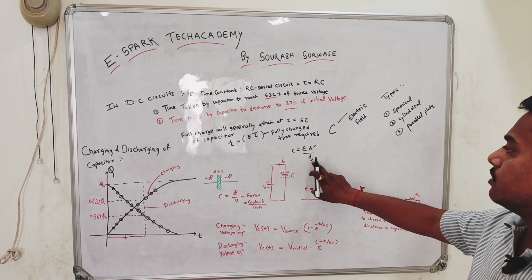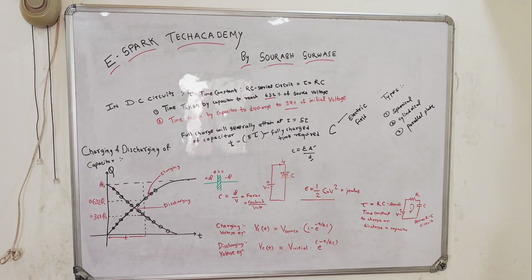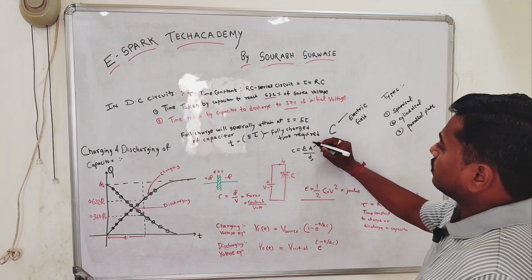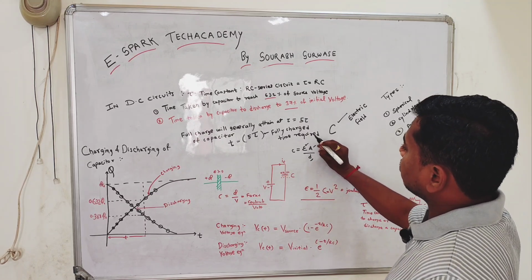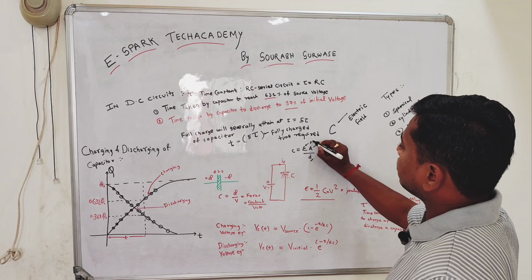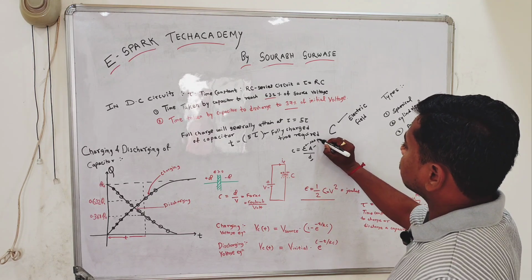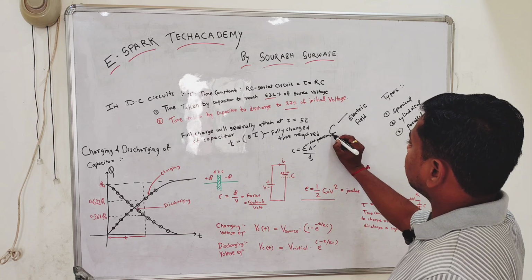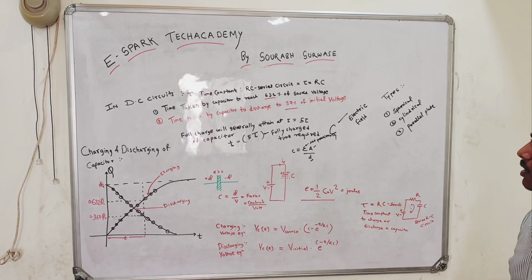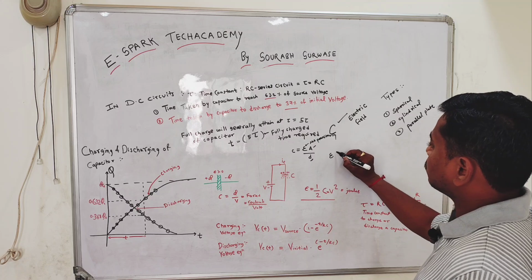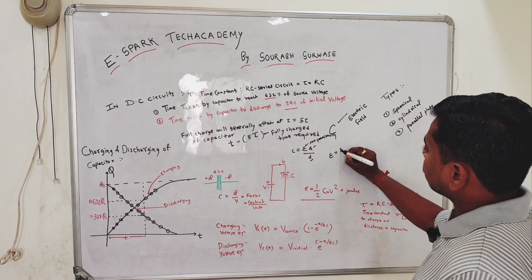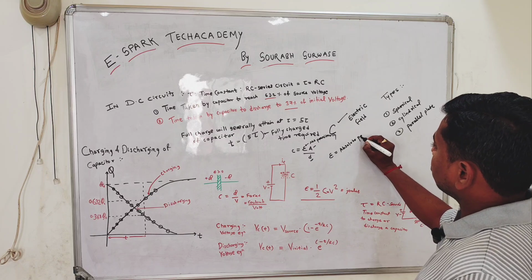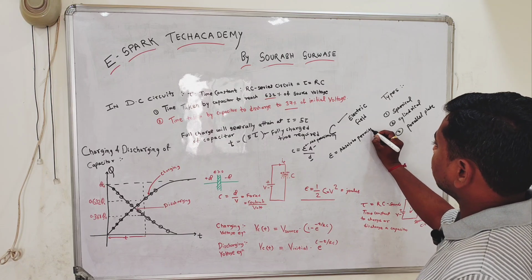The distance is the separation of the plates, and epsilon is nothing but the absolute permittivity.